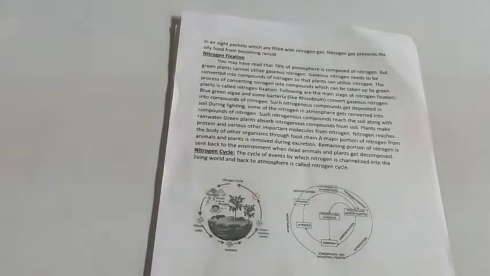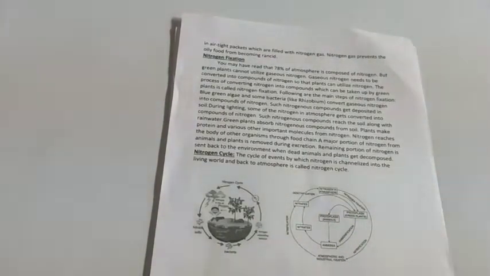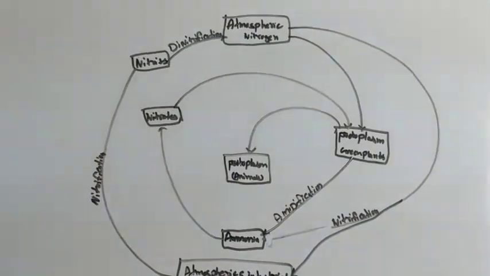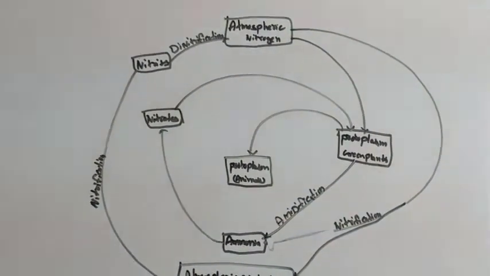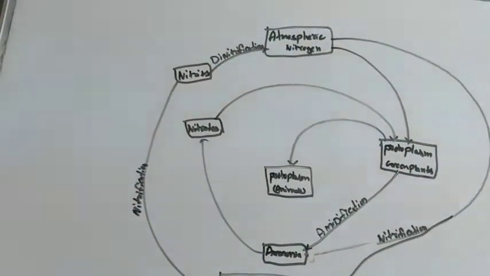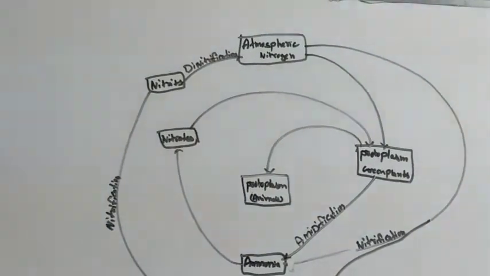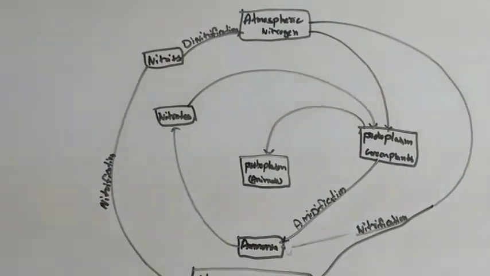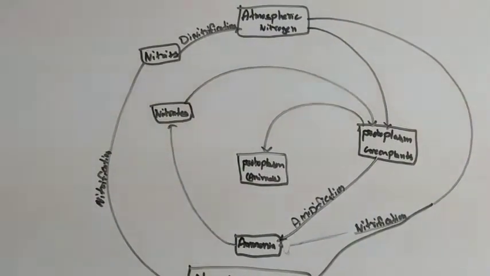Once again I am showing you the nitrogen cycle. Atmospheric nitrogen will be fixed into the soil, and green plants will utilize that nitrogen which is fixed in the soil.